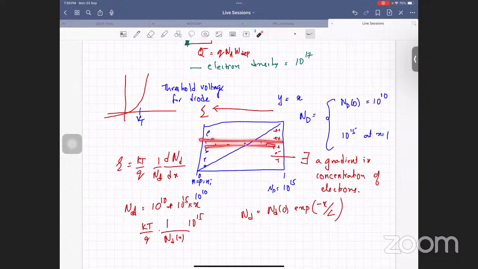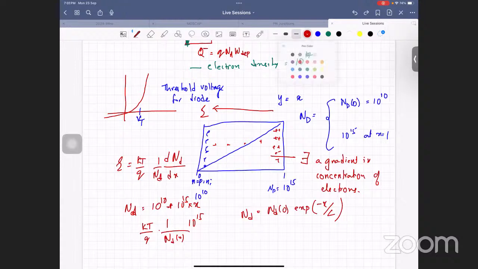There's going to be a diffusion component. The drift component is because, so diffusion causes the electrons to move in which direction? In this doping concentration, electrons move in the negative x direction due to diffusion.